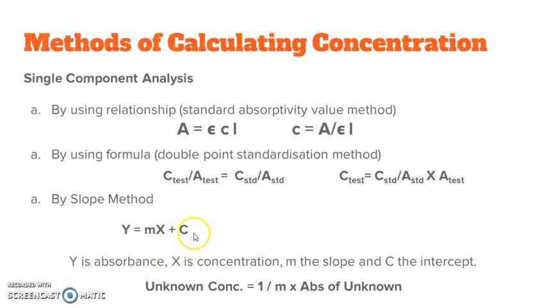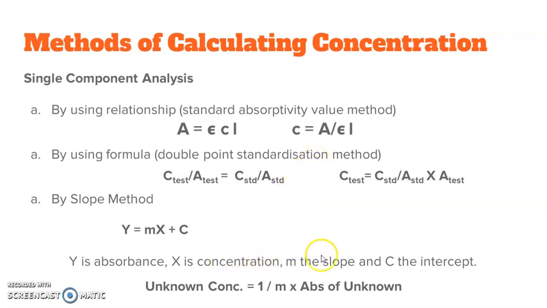A calibration curve is where we prepare concentrations in order of increasing strength, like 2 microgram per ml, 4 microgram per ml, 6, 8, 10, and so forth.